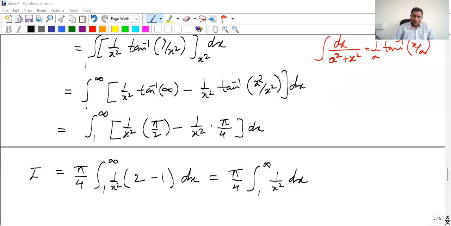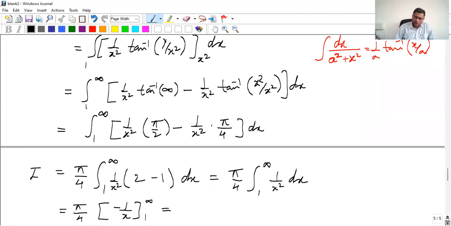Okay. Now we have to integrate this 1 by x square. So easily we can have pi by 4, and here we have minus 1 by x, and the limit is 1 to infinity.